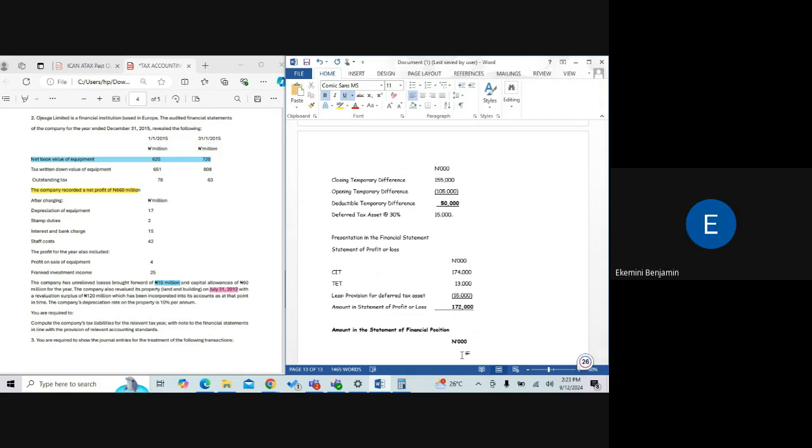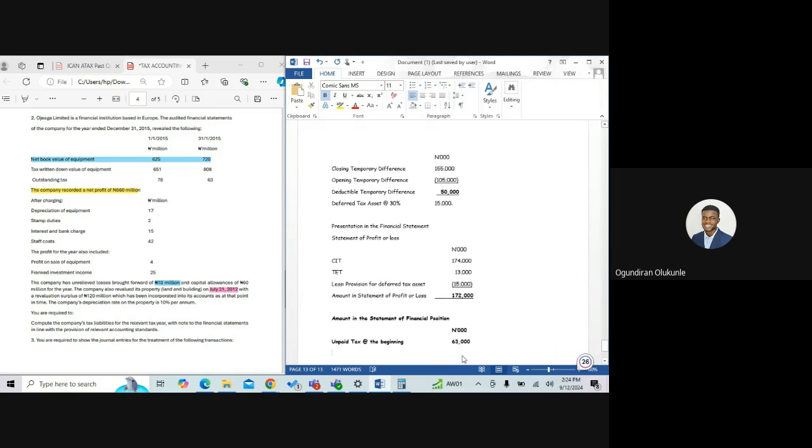So we have unpaid tax at the beginning, which is the same as the outstanding tax. How much is the unpaid tax at the beginning? You have 63,000, right?